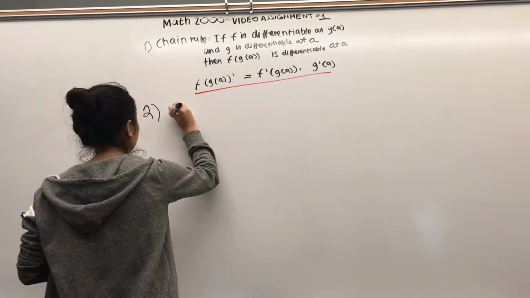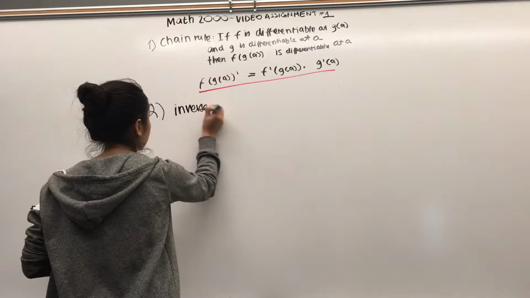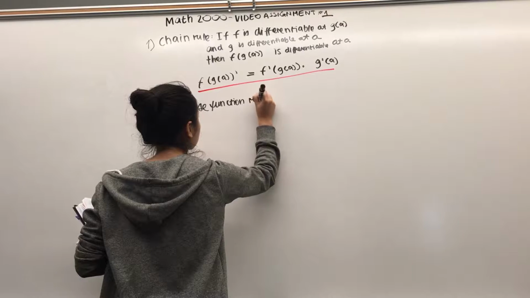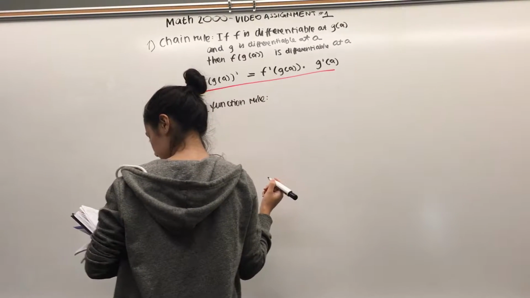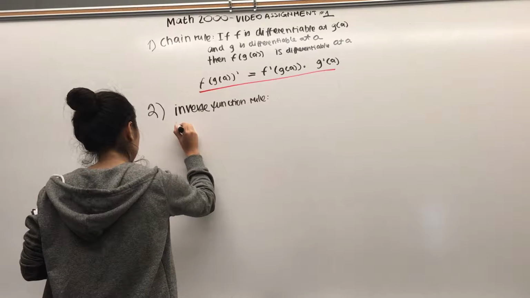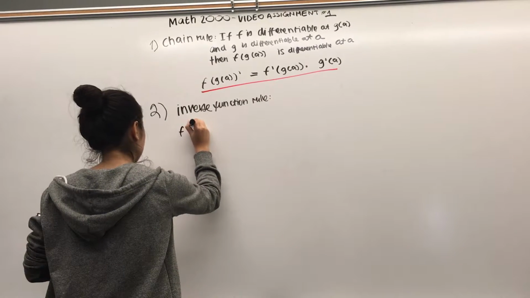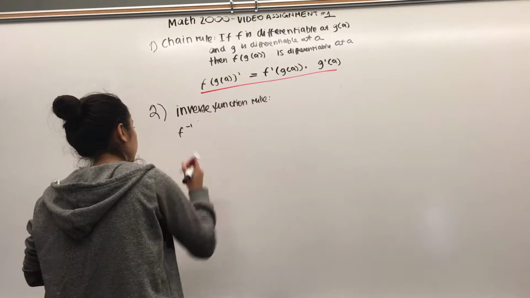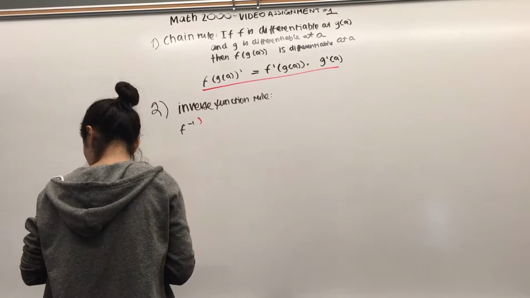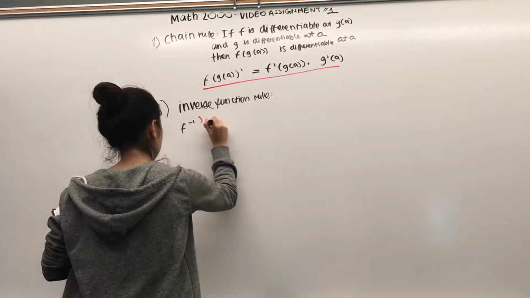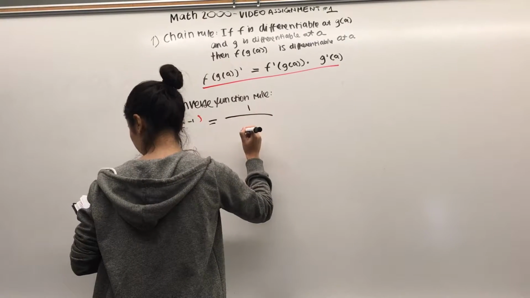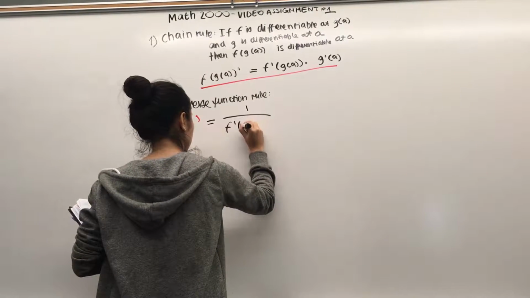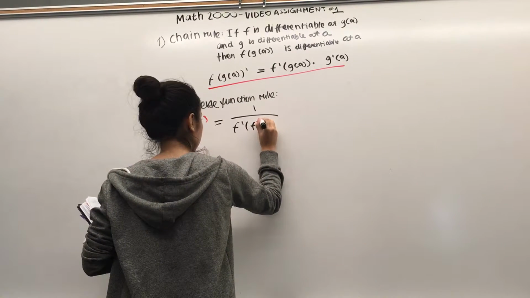So the rule of inverse function says that if you want to derive the inverse function, then this equals 1 over f prime of the inverse function of f of x.